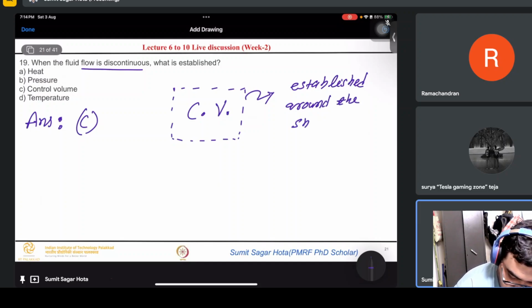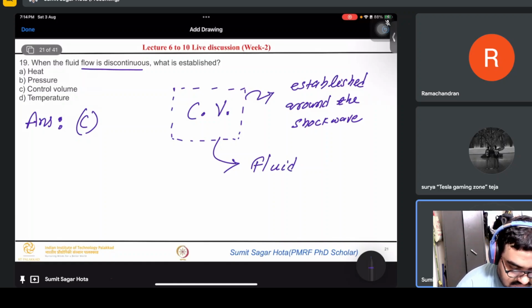So what does discontinuous mean? This is a very tricky term. Fluid is always continuous, there is no discontinuity in the flow, and the continuum hypothesis is valid everywhere.